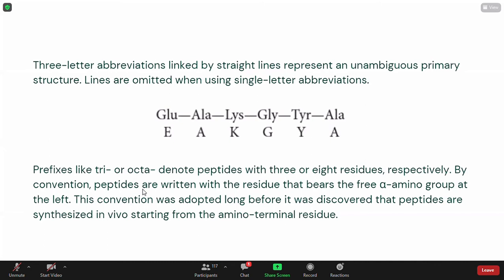Here is our 3-letter abbreviation and single-letter abbreviations. So this is read as glutamyl, alanyl, lysyl, glycyl, tyrosyl, alanine.